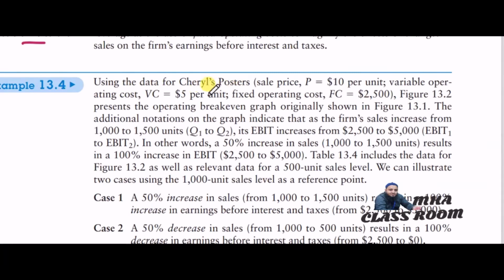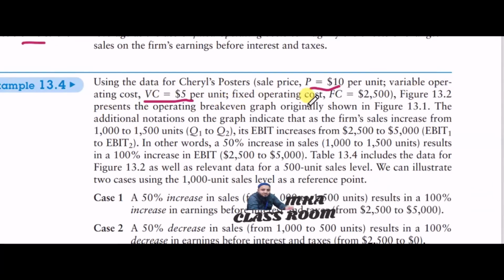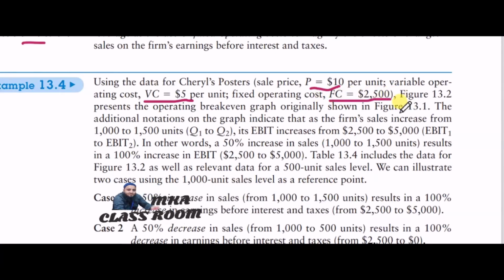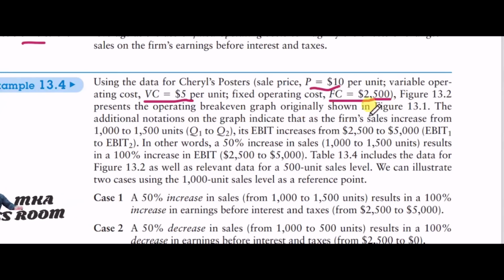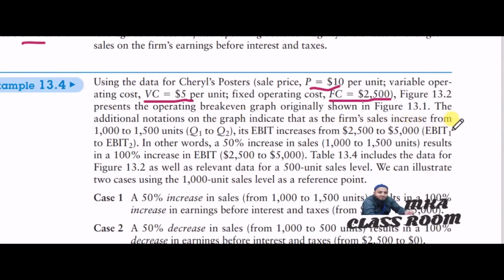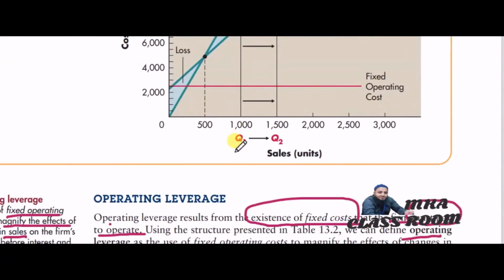Using the data for sales that we have discussed previously: sales price P equal to 10 per unit, variable operating cost VC 5 per unit, fixed operating cost FC 2500. So we have shown that our break even is 500 units. The graph indicated that the firm's sales increased from 1000 to 1500 units, that means Q1 to Q2.